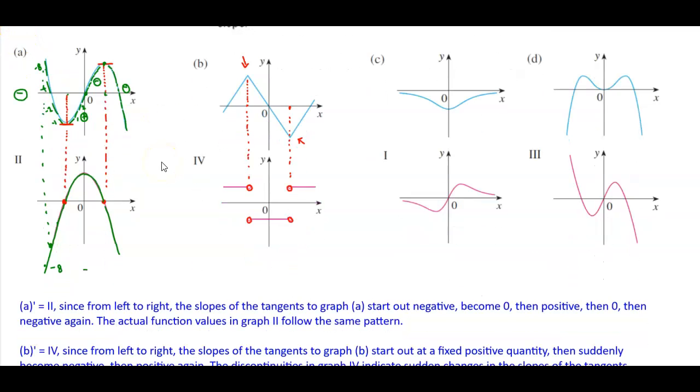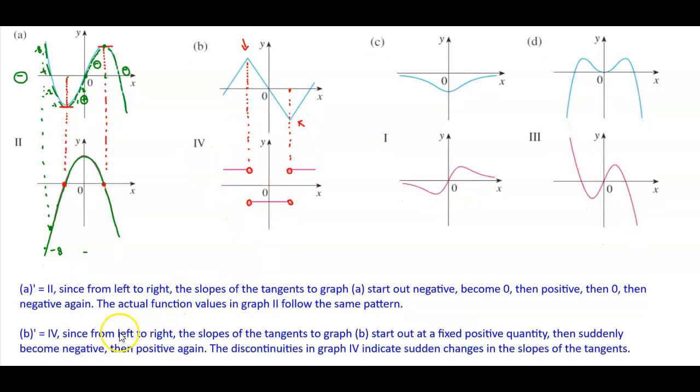So let's take a look here. So B matches with graph 4 because again we have our discontinuities, but if you notice, going from left to right, the slopes of the tangent to the graph start out at a fixed positive quantity, and then suddenly they become negative, which is going from here to here, and then positive again.